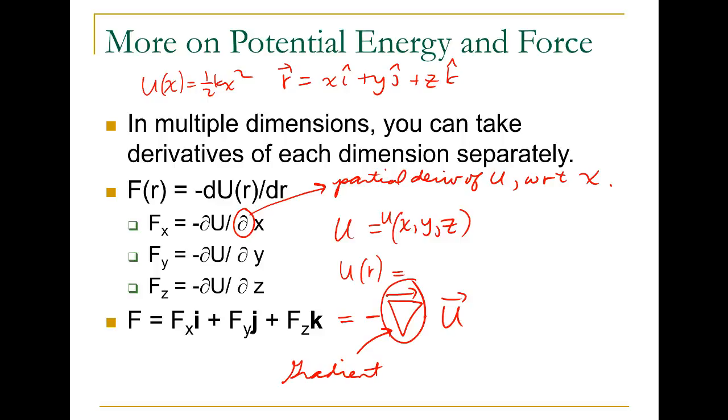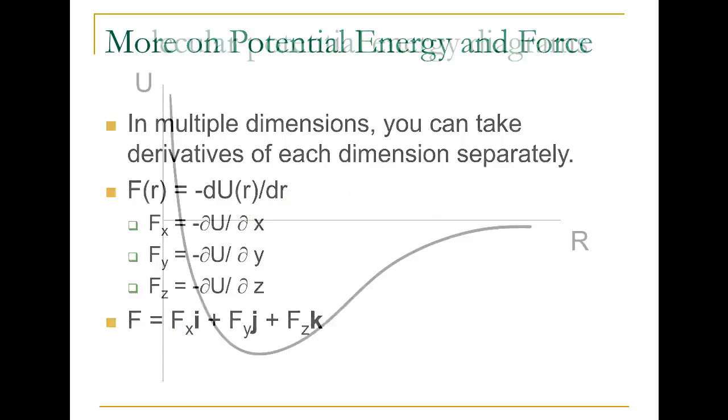And so really what we're saying here is that this force is equal to negative partial u partial x i hat, because that's what Fx is, plus negative partial u partial y j hat, plus negative partial u partial z k hat.